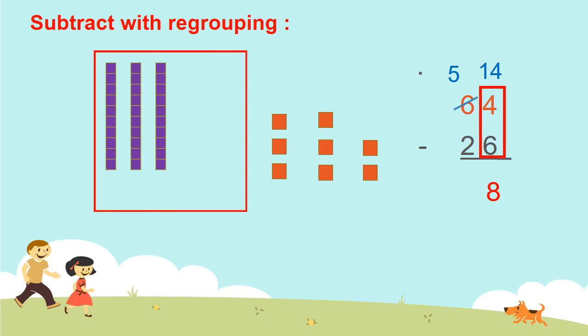How many do I have left? 3. So this is called subtracting with regrouping. I'm going to regroup the 10 into 10 small ones. 1 ten, I'm going to take it and make it 10 small ones. Let's see another example and practice more.